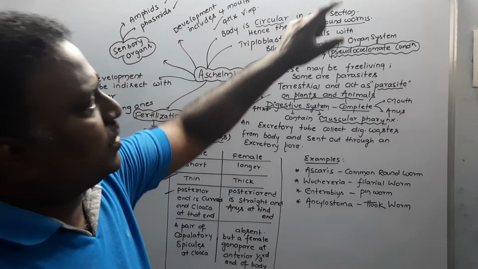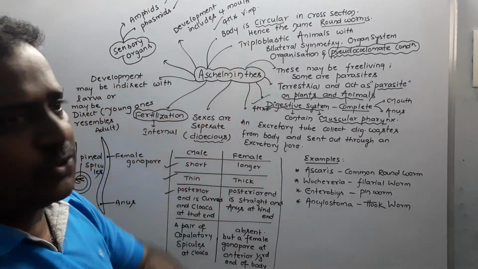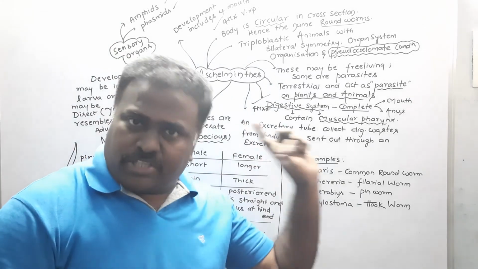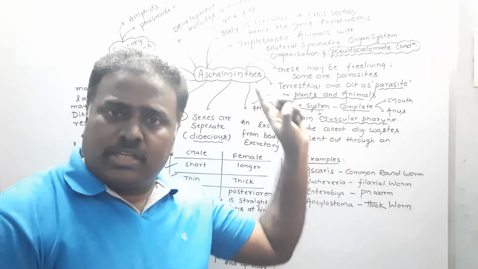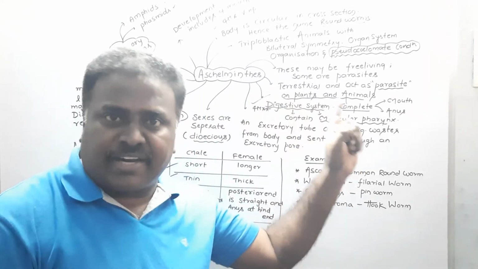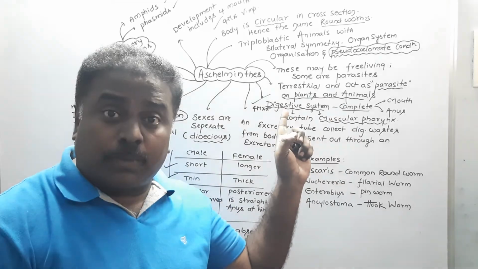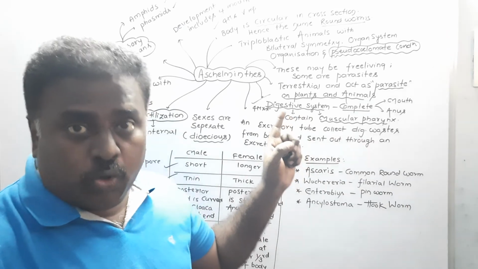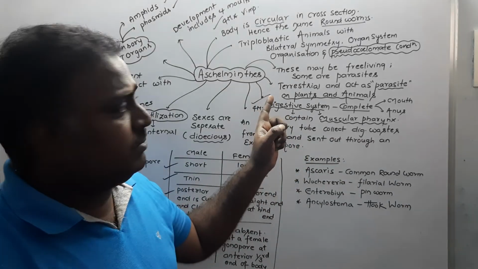As the body is circular in cross section, we call these worms roundworms. They are triploblastic, bilaterally symmetrical, showing organ system grade organization. This is also a protostomian phylum, in which the mouth is the first opening of the gut, the alimentary canal.